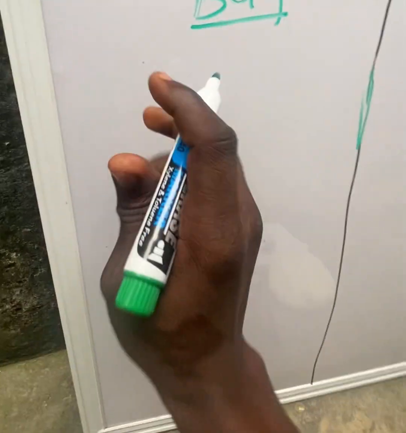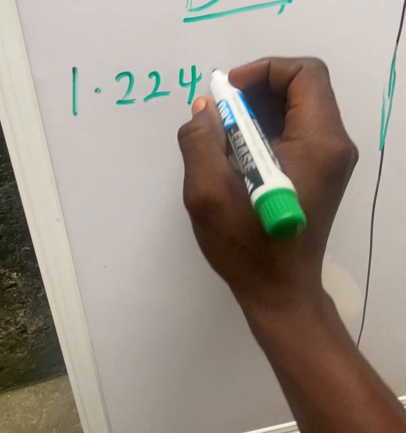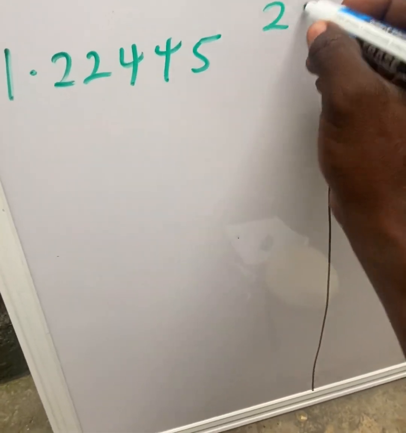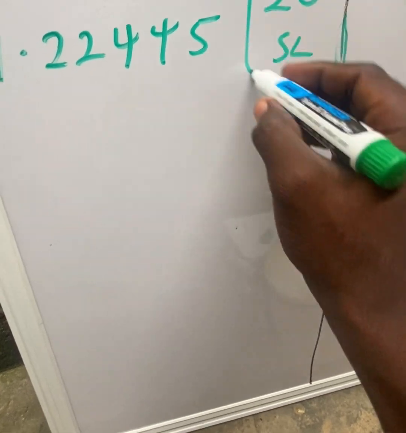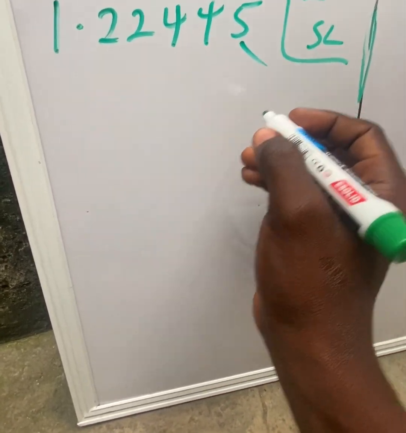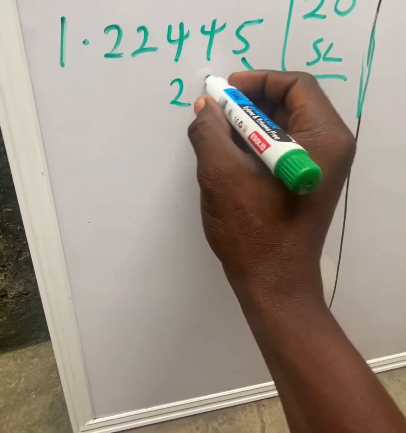So assuming the current market price is 1.22445 and you were given a 20 pips stop loss. What you just have to do is ignore the pipette and come straight down to the pips, which is 20.